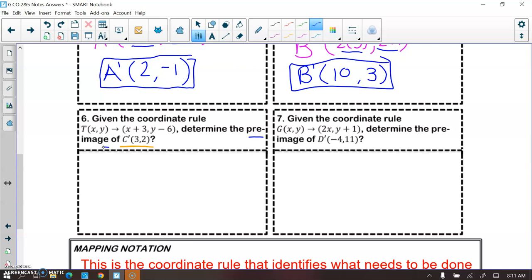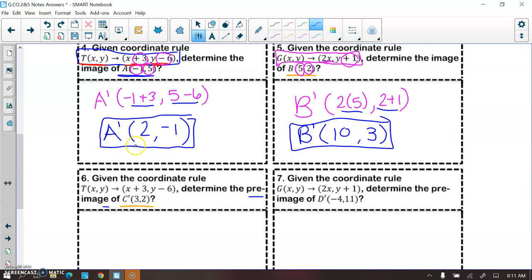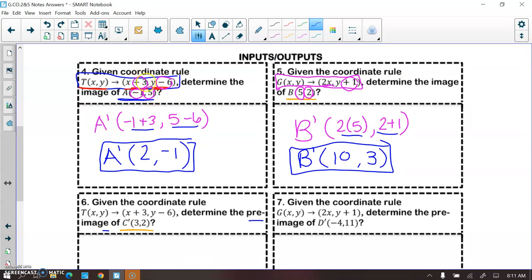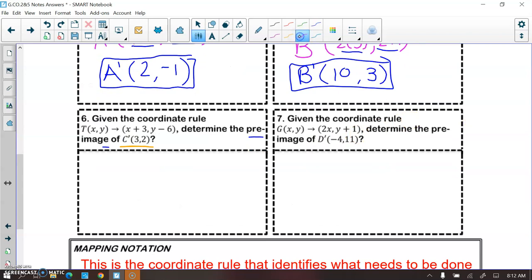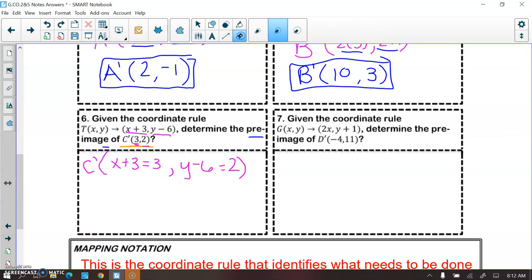So basically, instead of just inputting my x and y value into the rule, what we're going to do to find our points is we're going to take our rule and set it equal to the x and y value. So x plus 3 equals the x value of my image, and y minus 6 equals the y value of my image. And sorry, I'm not finding C prime, I'm finding C because I'm finding the pre-image.